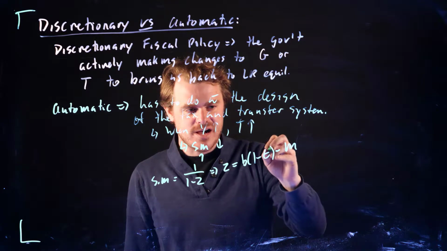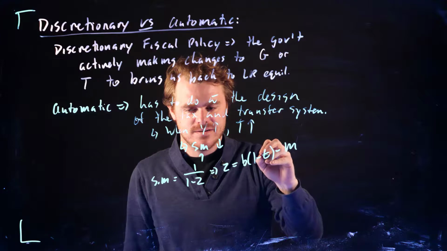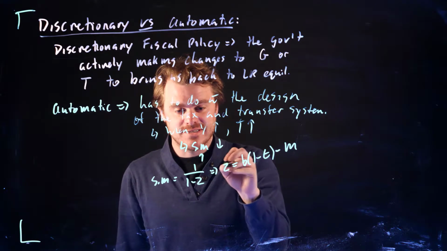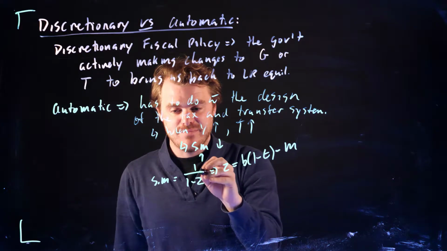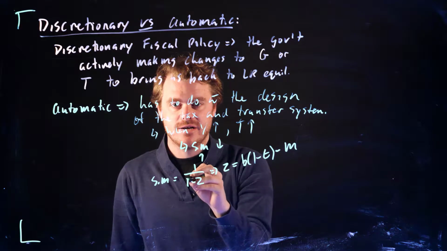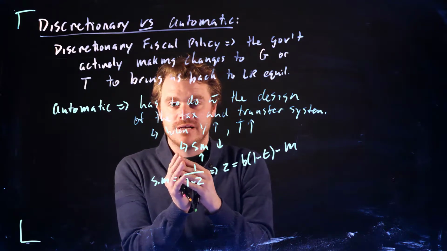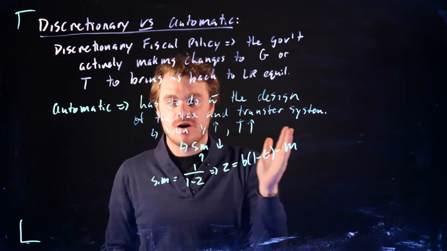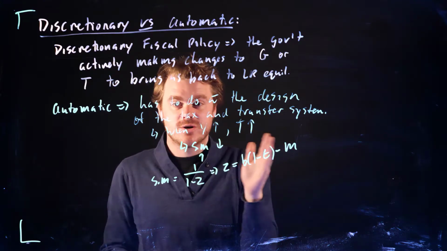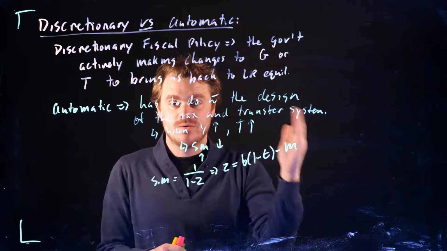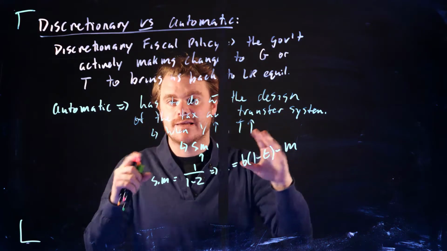So an economy with a high tax rate has a smaller z. A smaller z means a smaller simple multiplier, which means smaller horizontal shifts of our AD curve. In that way, our economy will have smaller fluctuations than an economy with a low tax rate, which is going to bounce around a lot. But let's look at that graphically.